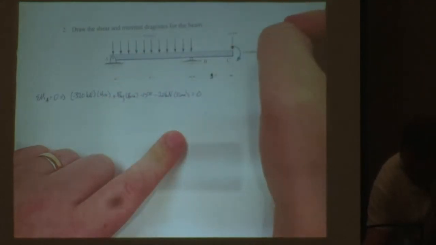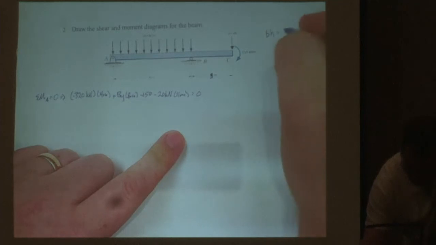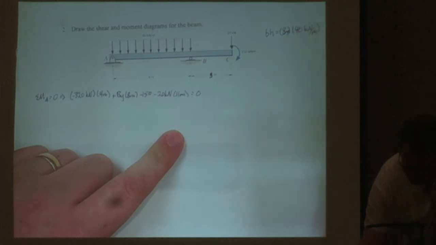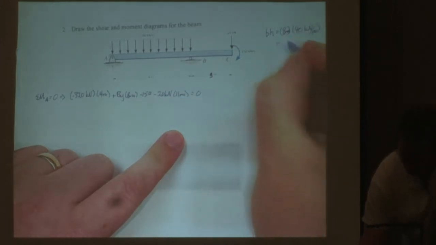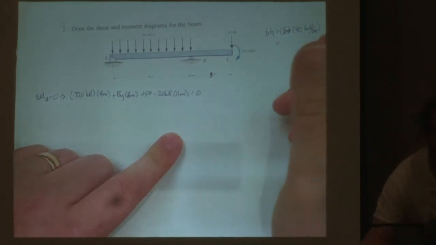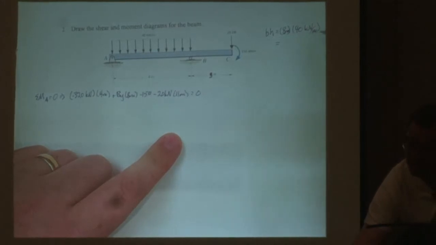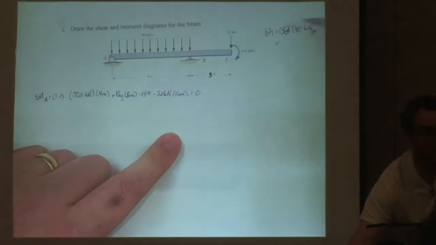So I took this, did base times height, so it's going to be just base times height, which is going to equal 8 meters times 40 kilonewton meters. Now if I would leave the meters there, so we're looking for a concentrated force, right? So if we're taking it from a unit perspective, all we have to do is just cancel the meters, and now we're left with a single force after we multiply the 8 by the 40.